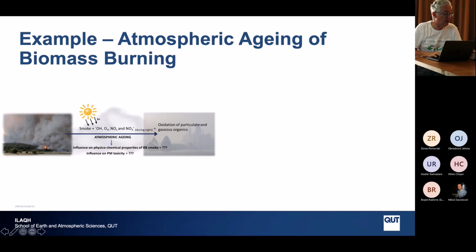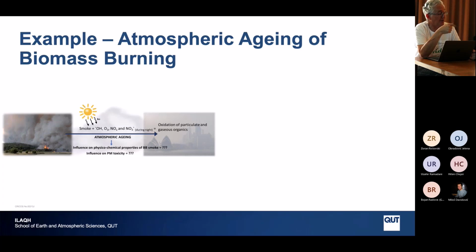We have wood smoke, and this wood smoke is exposed to sunlight and normal atmospheric oxidation products. So exposure to OH, ozone, nitrate radicals during the night, and OH and ozone during the day. So there's an atmospheric aging process in the atmosphere.